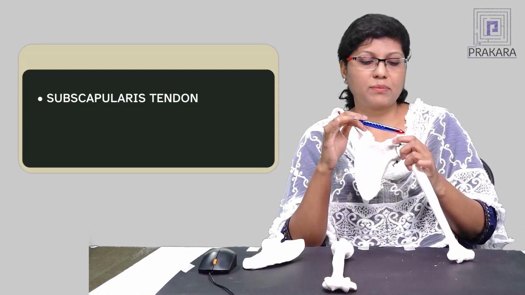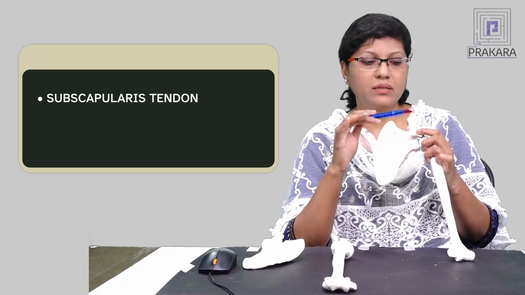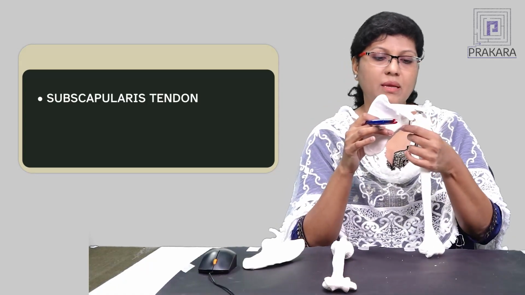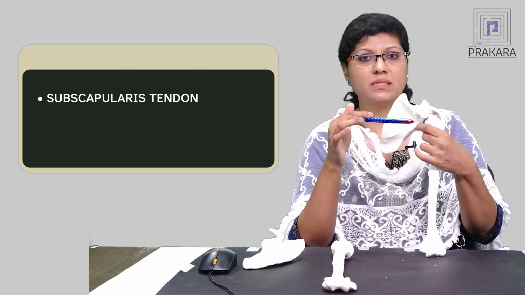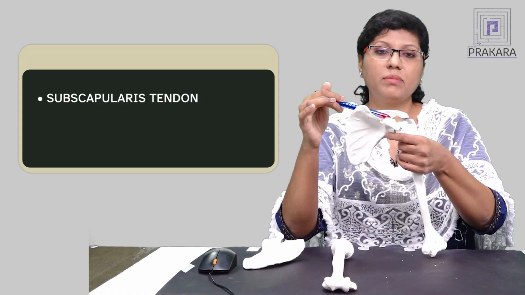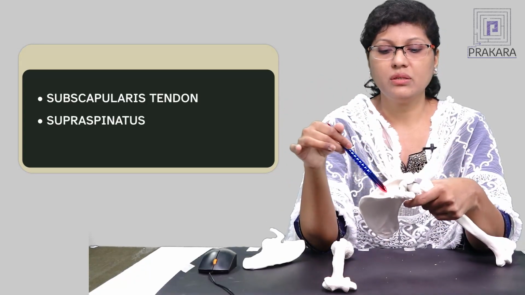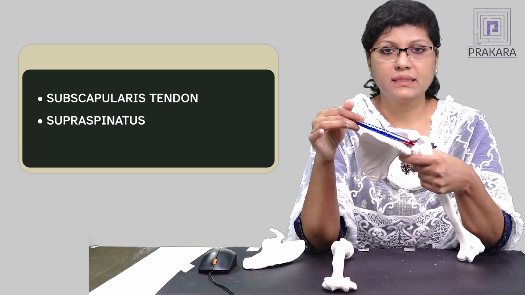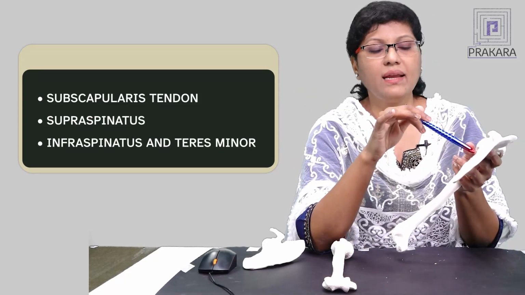So, this fibrous capsule needs some support. From the anterior aspect, who gives the support? It is the subscapularis muscle. From above, supraspinatus, from the supraspinous fossa. From behind, infraspinatus and teres minor, and these subserve the functions of dynamic ligaments.